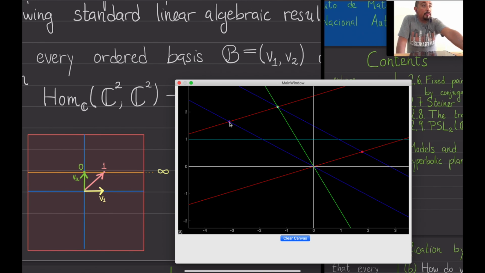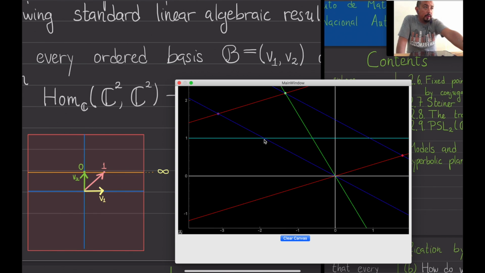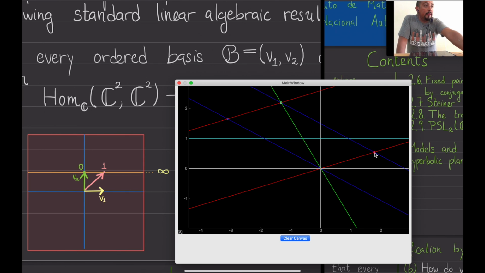Given those two choices, V1 going here and V2 going here, you see the point 1 is forced to go here, right? Which means that the point 1 of C bar is forced to go here.